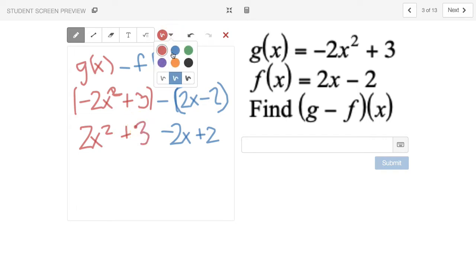Once we know what we should be adding and subtracting, we are going to combine like terms. There is no other x squared term here, so this is going to remain negative 2x squared as it is. Positive 3 can be combined with positive 2. And then we would be left with negative 2x.